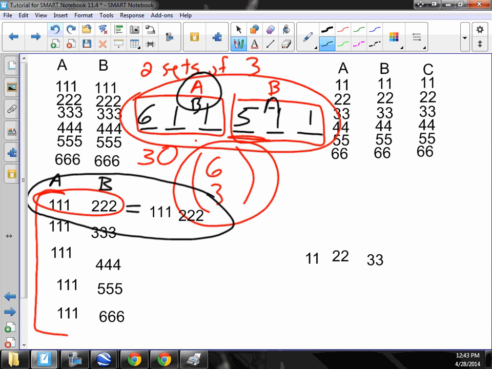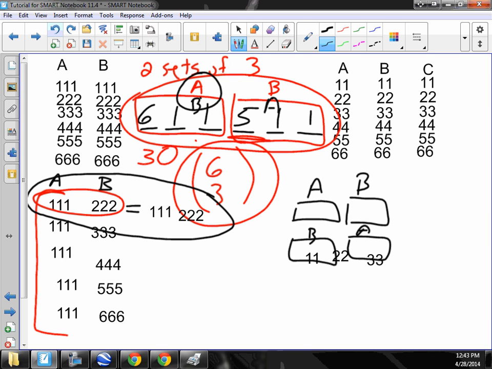So can you see that I've included too many numbers? Because if I set A here and I set B here, that's no different than B and A. And in fact, if I had like A1, B1, A2, B2, A3, B3, is that the same as B1, A1, B2, A2?